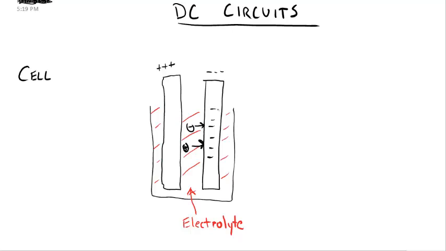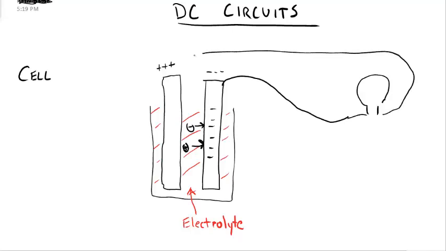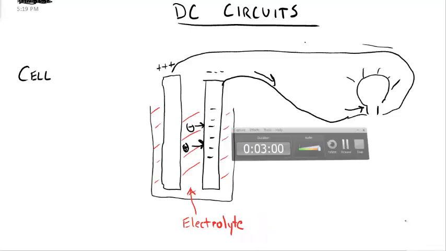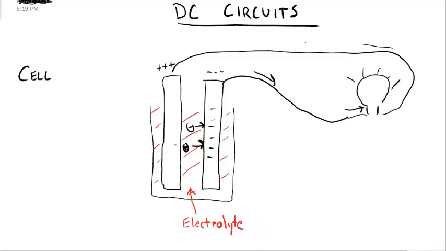And so what's done is we connect this to, I don't know, a light bulb. And then once we complete the circuit, we allow the flow of electrons to go through, powers the light bulb, and continues on. So once the electrons make it here, it gets pulled back and off it goes.